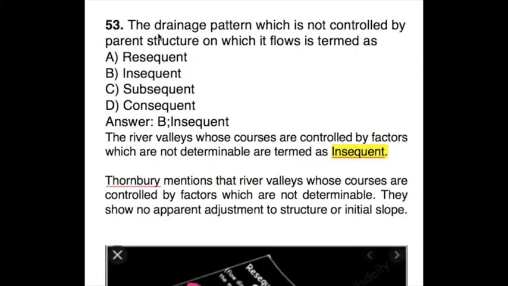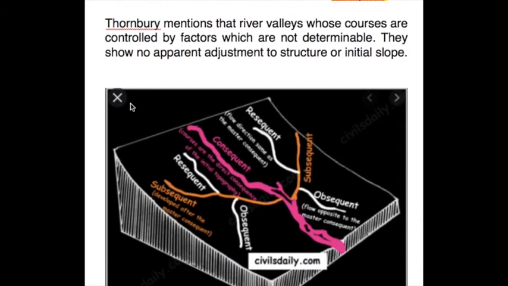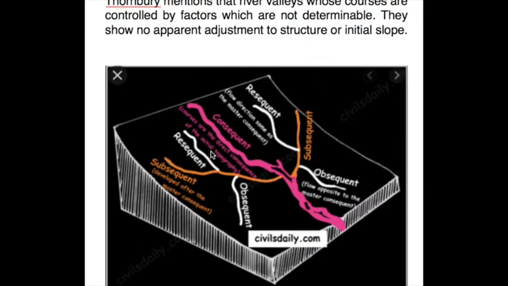Now in the question it has been asked that it is not controlled, that is not determinable by the parent structure, meaning they are not determined by their slope or the structure of the area, how the drainage pattern develops there, that is insequent. And resequent, subsequent, consequent, as we have discussed in this diagram in the previous lectures.